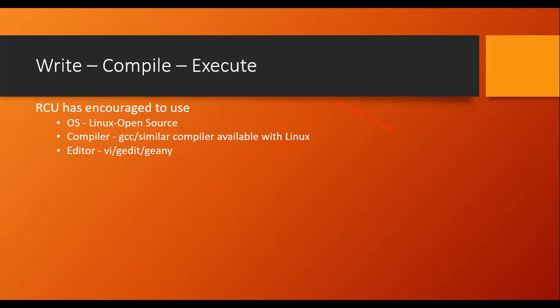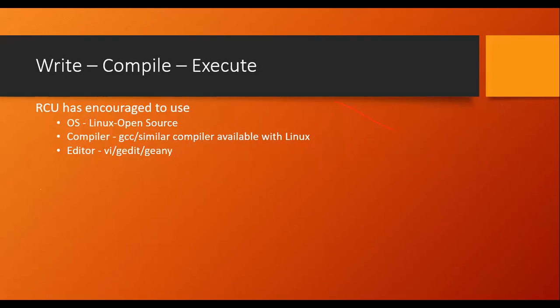Then second is the compiler. In order to compile the program, we need a compiler, right? The compiler they have asked us to use is something called GCC. There are varieties of compilers available for C programming depending upon the operating system, and the most widely used compiler on Linux is called GCC, or anything which is compatible with Linux.